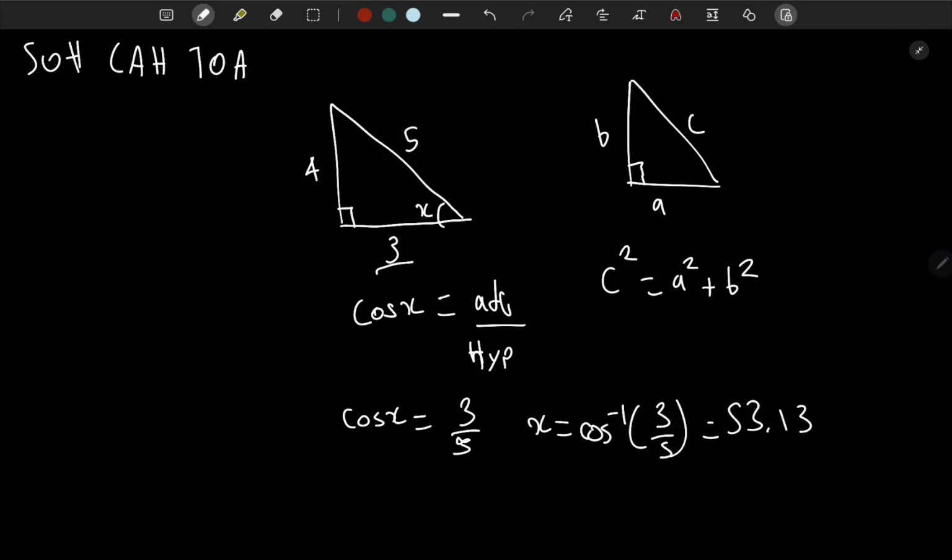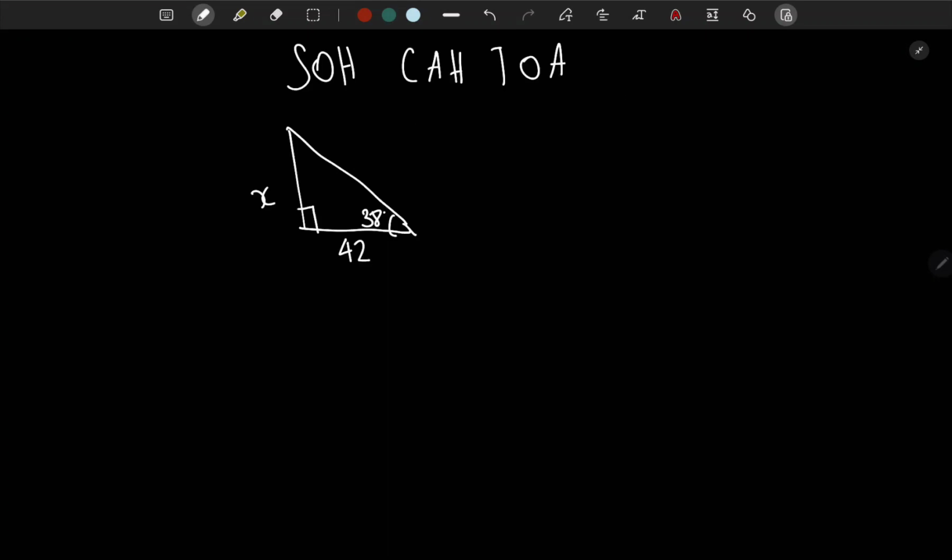Let's move on to a more difficult example. In this example, we are given that the angle here is 38 degrees, and that the adjacent side is 42, and we are supposed to find x. It always helps to write it again, and you can see that we are given the adjacent side and we need the opposite. So which of the functions include both of them? That is going to be tan.